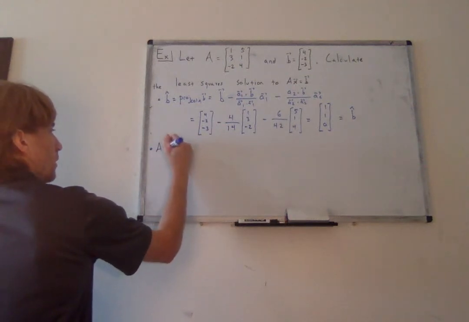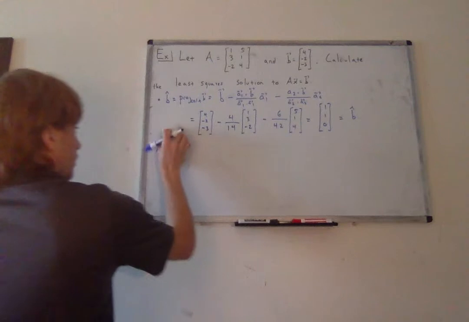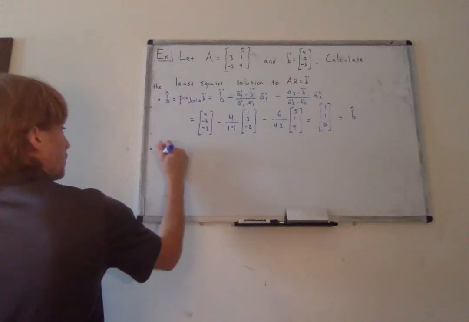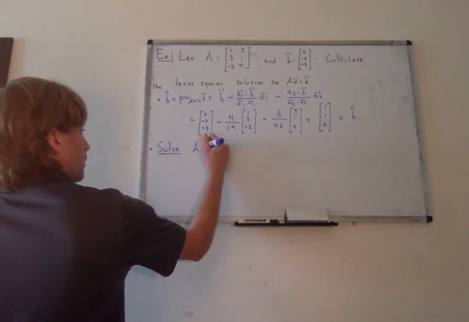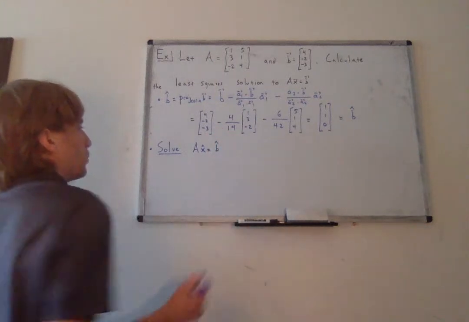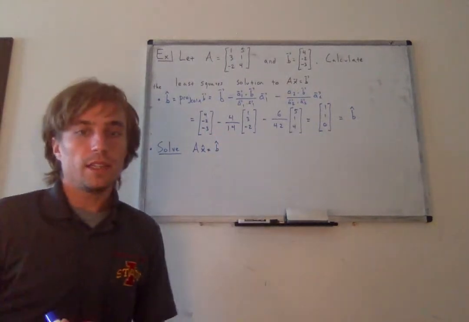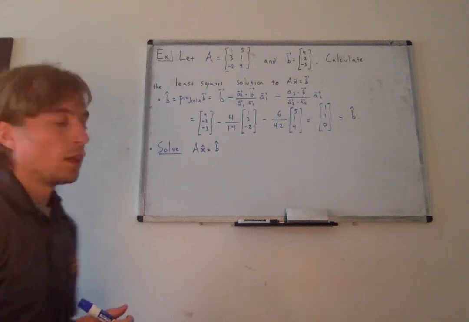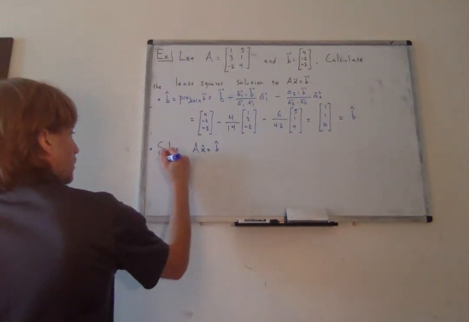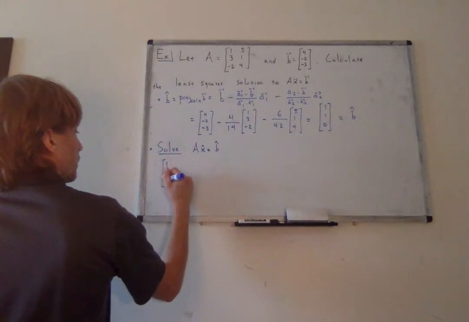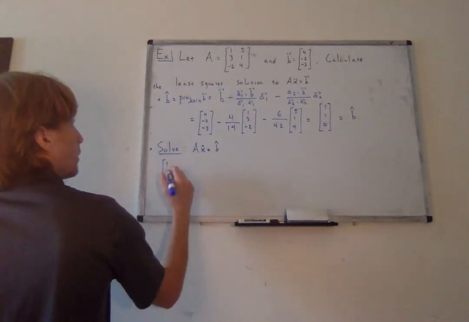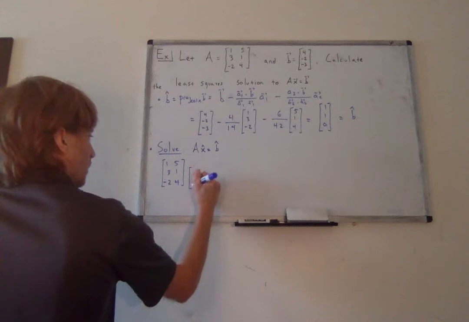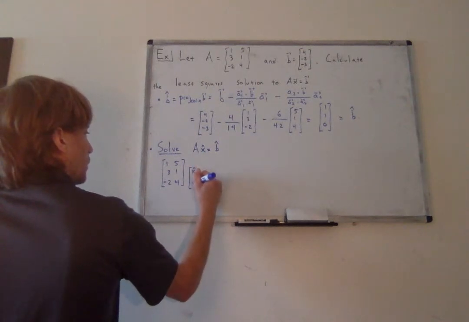Now we're going to solve the matrix equation A times x hat equals b hat, since we now know what b hat is. And solving this amounts to solving this matrix equation.